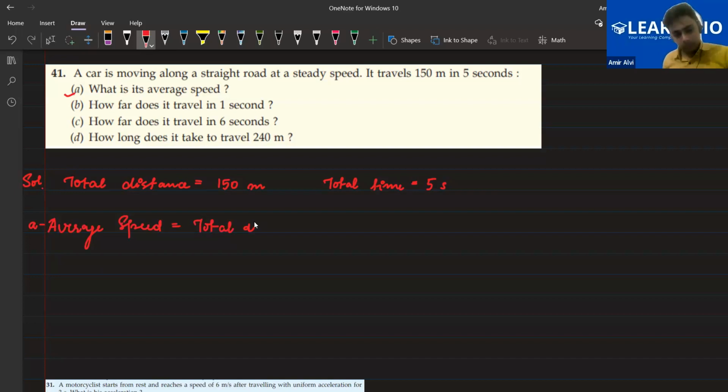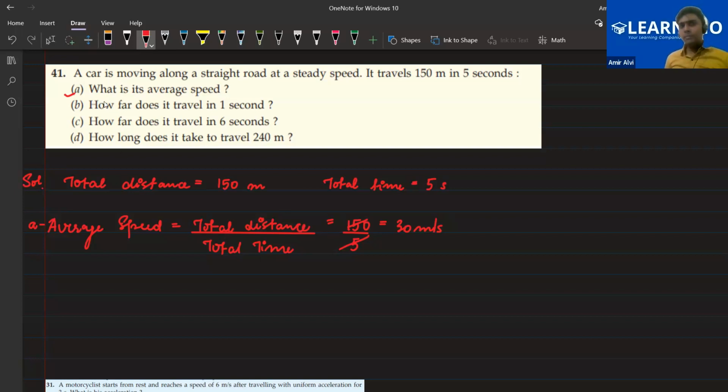Remember? So it is 150 by 5, which is 30 meters per second. Any doubt so far to anybody? Please tell me.